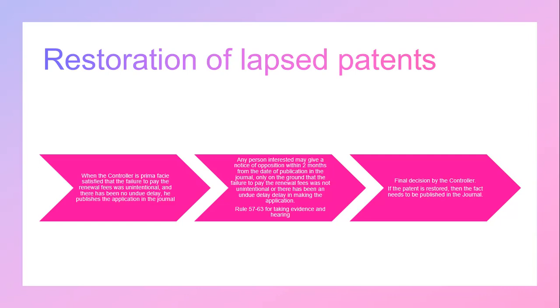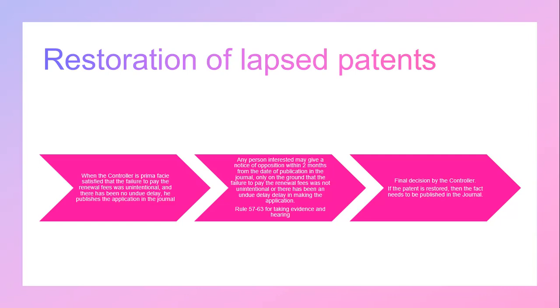Ma'am, you must have come across such cases for restoration of lapsed patents. If any applicant is giving reasons to the controller, what kind of excuses are generally seen? So generally, the excuse people give is that the failure to pay the renewal fees was not intentional. Let's say I'm a big pharmaceutical company, and I have a lot of patents, and I have one patent agent who is sitting, and probably they did not discover that this patent was lapsing because they have hundreds of patents to take care of.